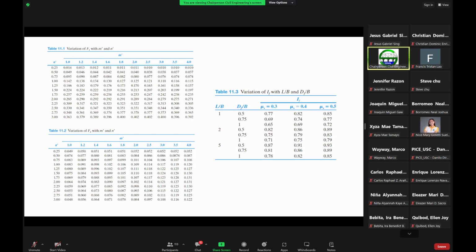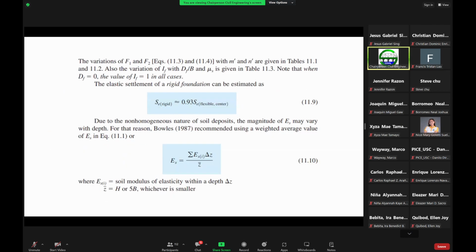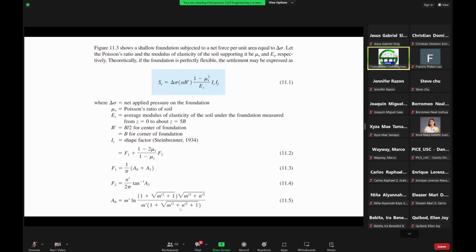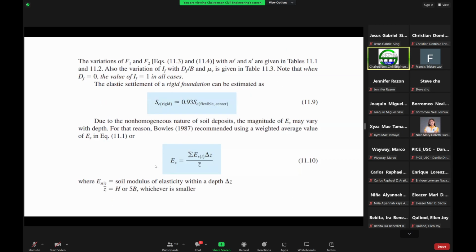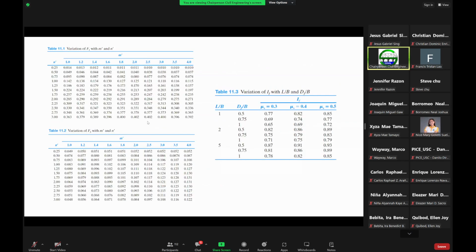Depending on the values of m prime and n prime, you can get f sub 1 and f sub 2. Take note, in your book, the n prime data still exceeds 3, but I just cut it off to give you an overview of the table that you can find in your book. So again, if you don't want to calculate these terms, you can simply look at these tables in your book.